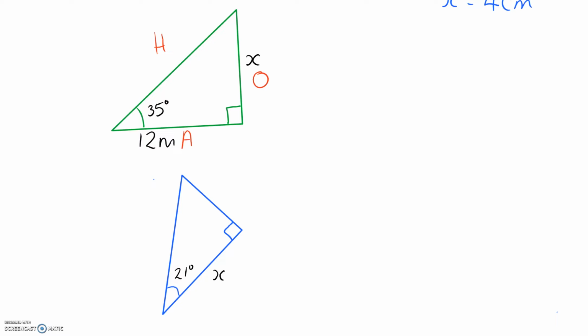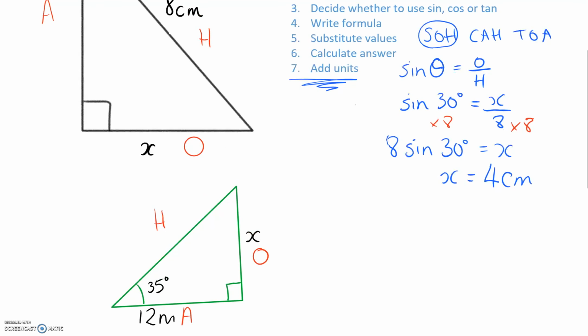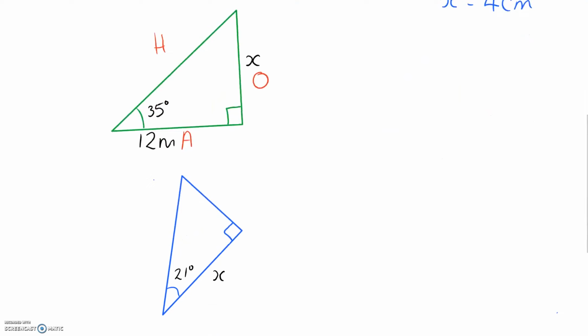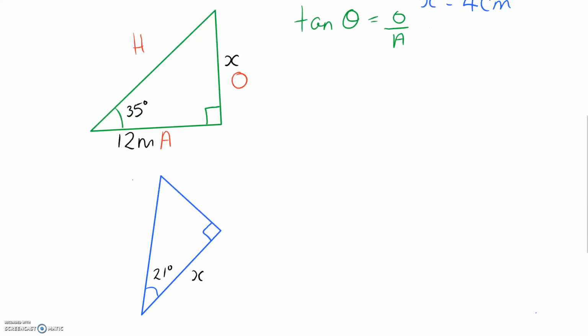Okay, the two sides we have information about are the O and the A. And in SOHCAHTOA, which we wrote up here, the O and the A are with tan. So I'm going to write out the formula. Tan theta equals O over A. Substitute our values.